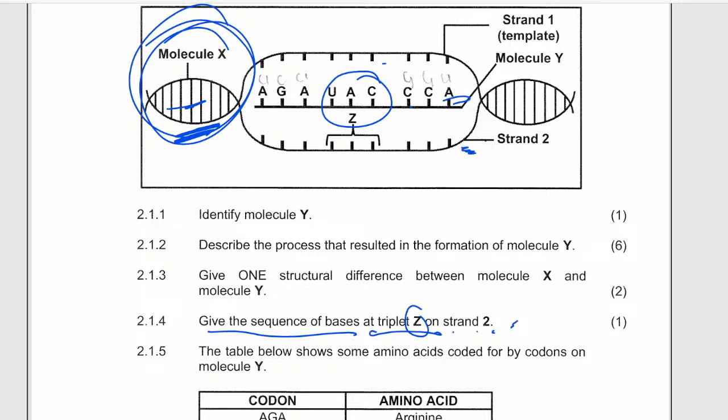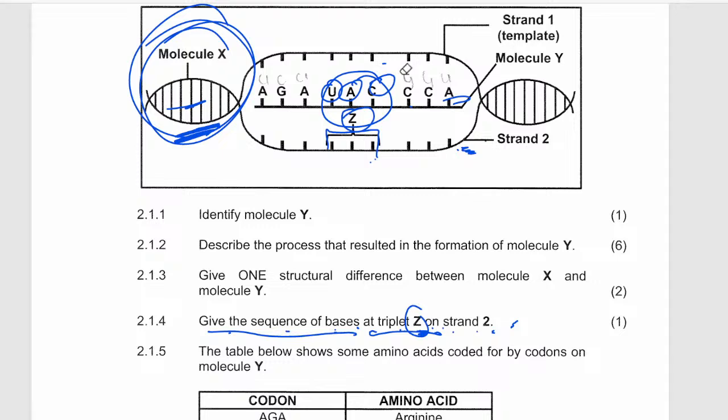Oh, so they are looking for DNA because strand 2 is DNA. Give the sequence of triplet Z. Okay, triplet Z is this. Or is this triplet Z on strand 2? Okay, so if messenger RNA is this, so what is DNA? So it's going to be, let's put it here so that you see it clearly.